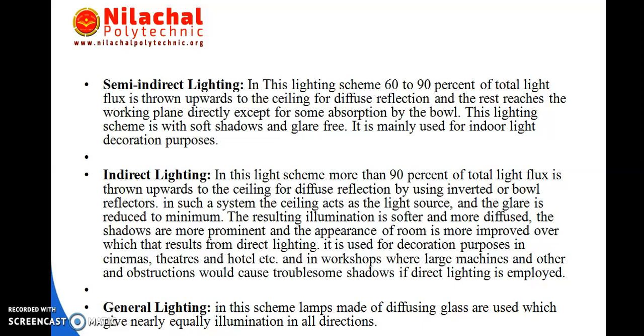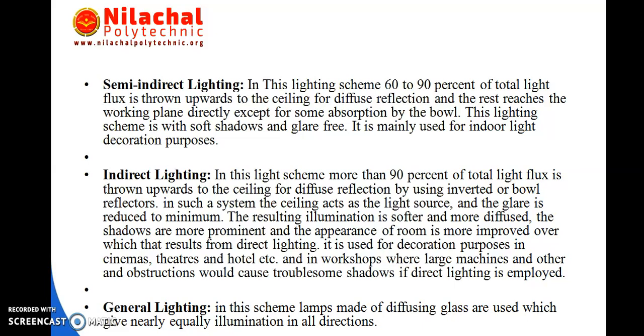The lighting scheme has soft shadows and is glare free. It is mainly used for indoor lighting decoration purposes.